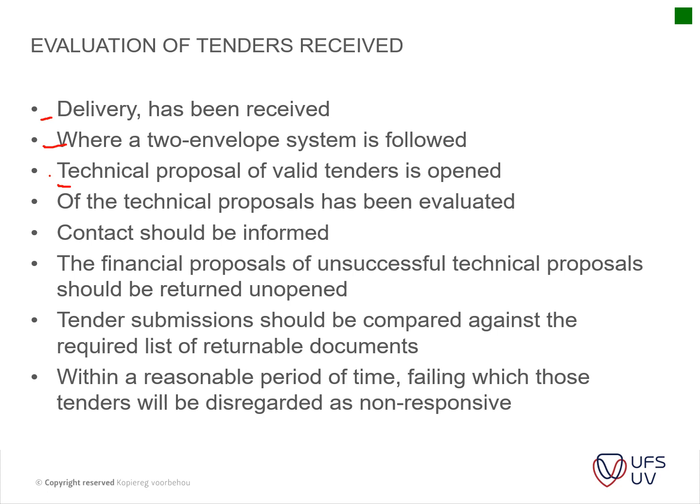After the technical proposals have been evaluated, then only the second document is opened. So the two envelope system is where the tenderer submits two documents. Only the one is opened for the technical details. If the contractor meets all the requirements, then the second one with the price is actually opened and evaluated further.